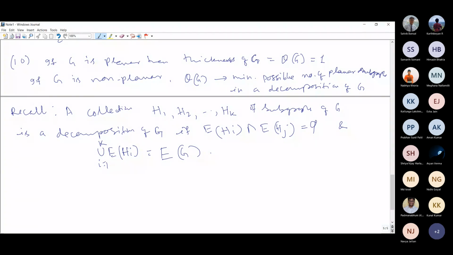No two subgraphs will have any common edge. These subgraphs partition the edge set of the graph G, right?